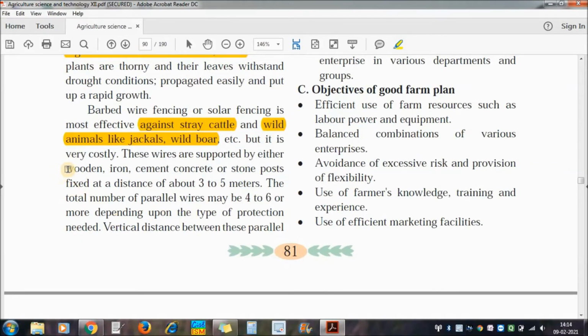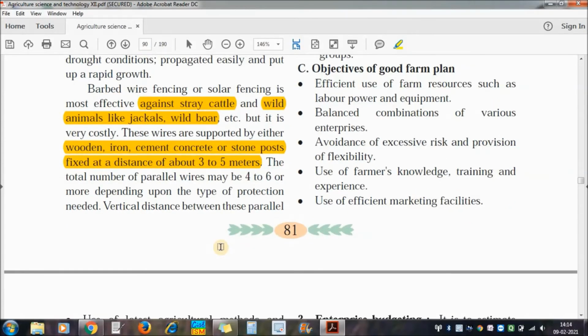Now this fencing, supported by wooden, iron, cement concrete or stone posts at a distance of 3 to 5 meter, is generally used. This depends upon the topography of the land. There is no particular fixed criterion. The total number of parallel wires may be from 4 to 6 or more, depending upon the protection we need.